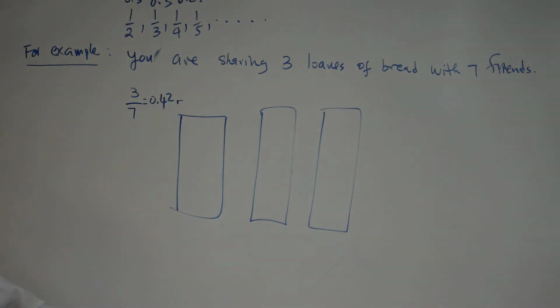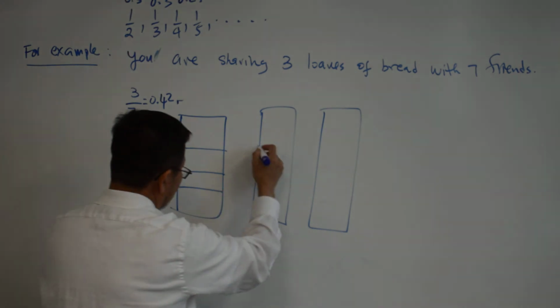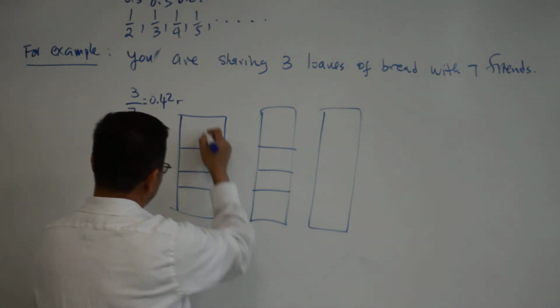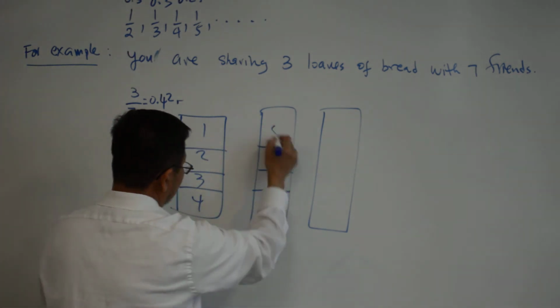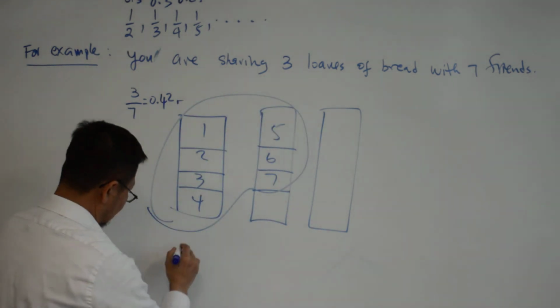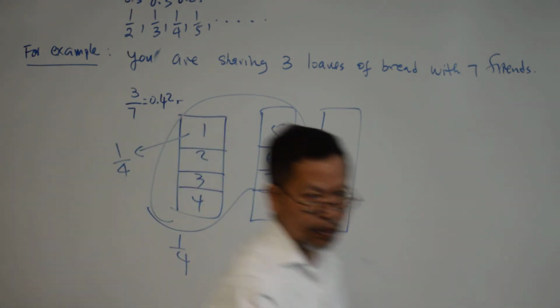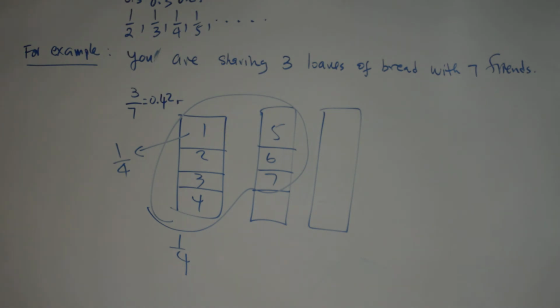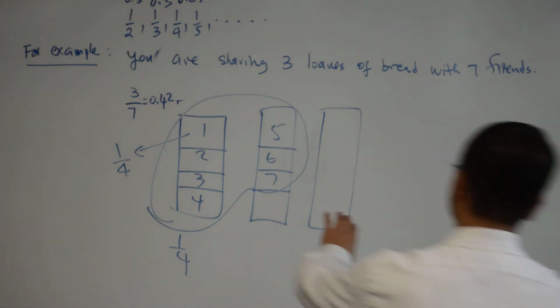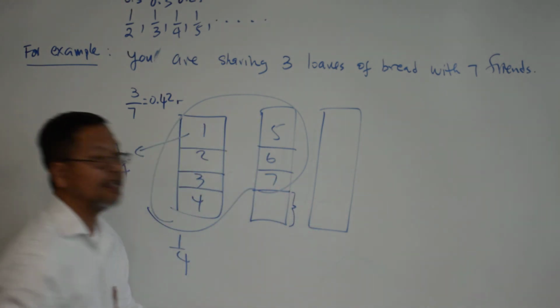Okay. So that means divide into quarters. 1, 2, 3, right? So 1, 2, 3, 4, 5, 6, 7. So in this case, they will get a quarter, 1/4. Then what is left over here? Can anyone tell me?